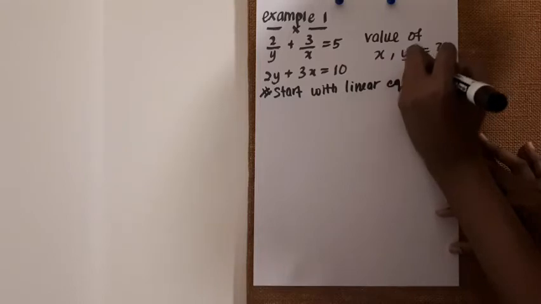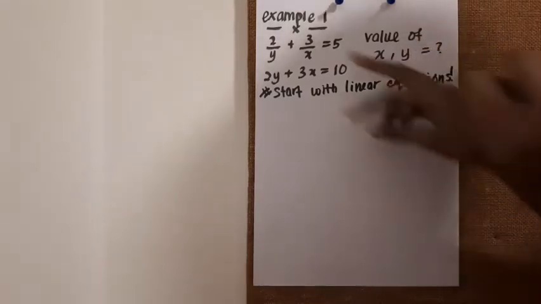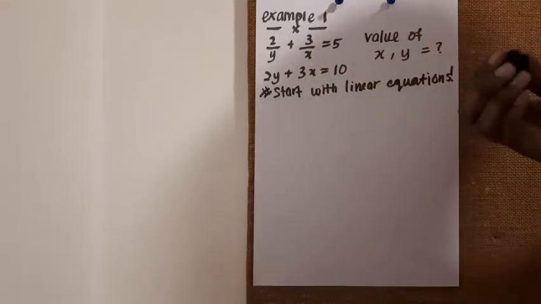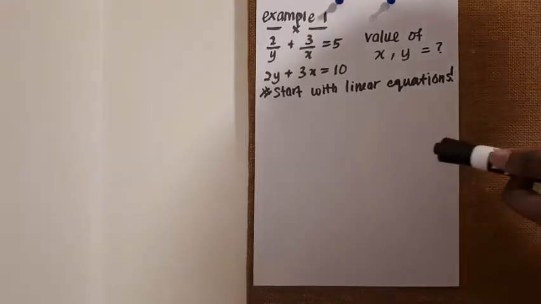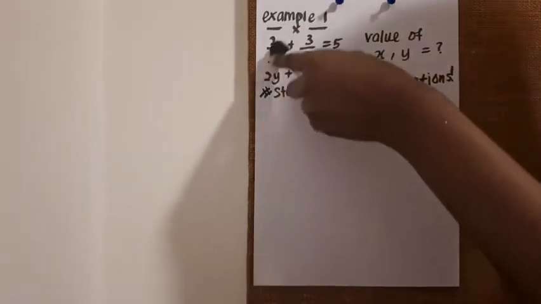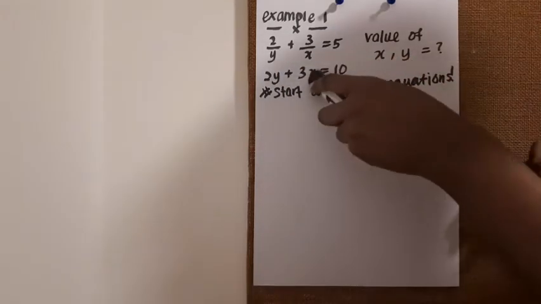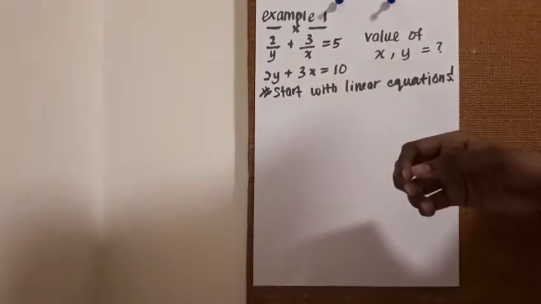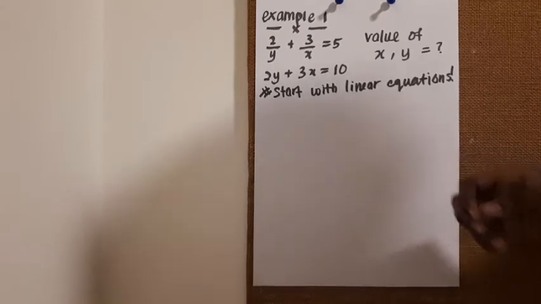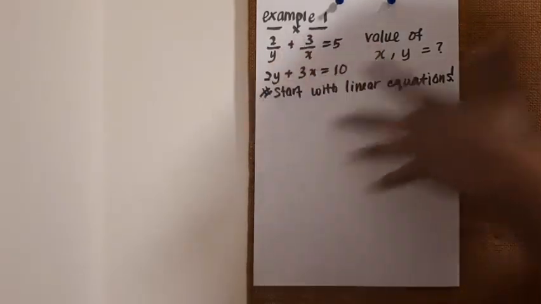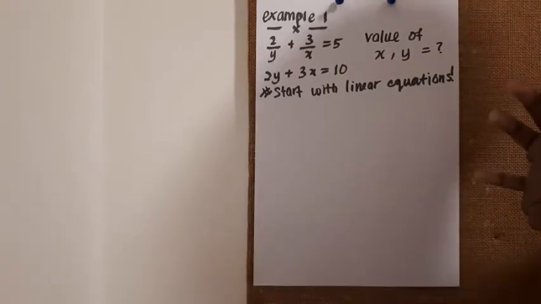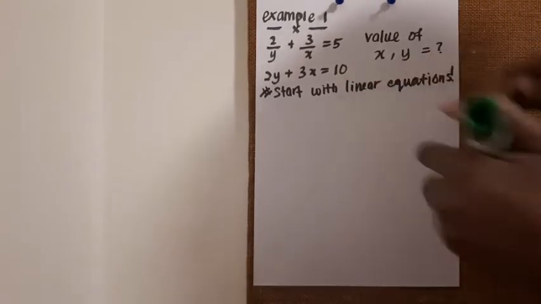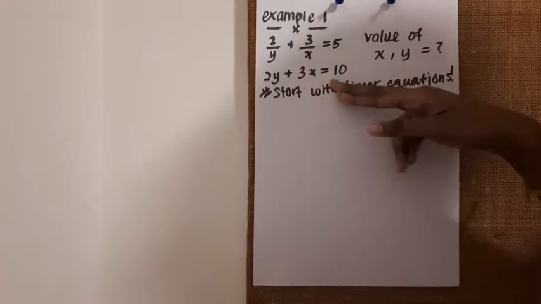But if you don't have linear equations, like in this example, both are quite complicated, or you can say that this one has division involved, but this is linear. Okay, but what we can do is we can make any one of the equations become linear. So now we have a linear equation here. So let's start with this.